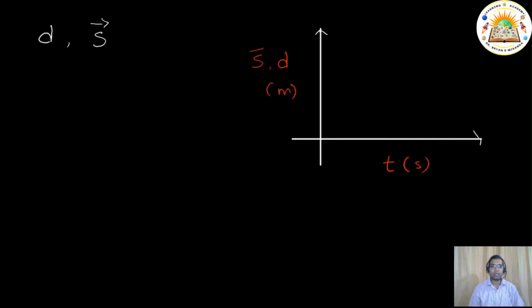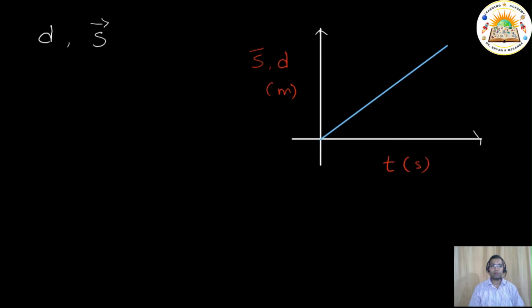So the first thing is, let's see if we have a curve which looks like this. It starts from the origin and it has a 45-degree angle. That means in between the displacement and the time axis, or the distance and the time axis, we have this line that is drawn.